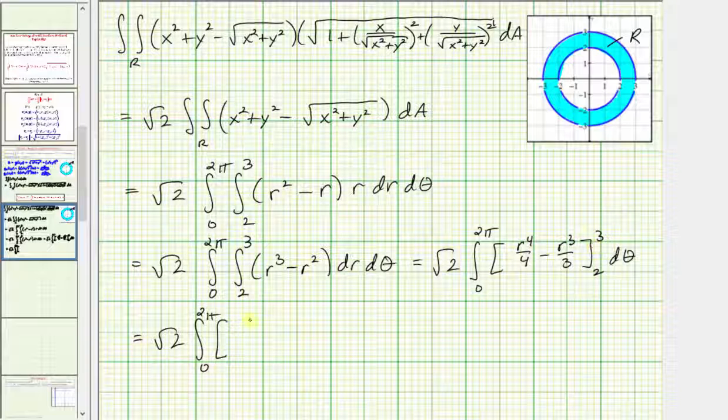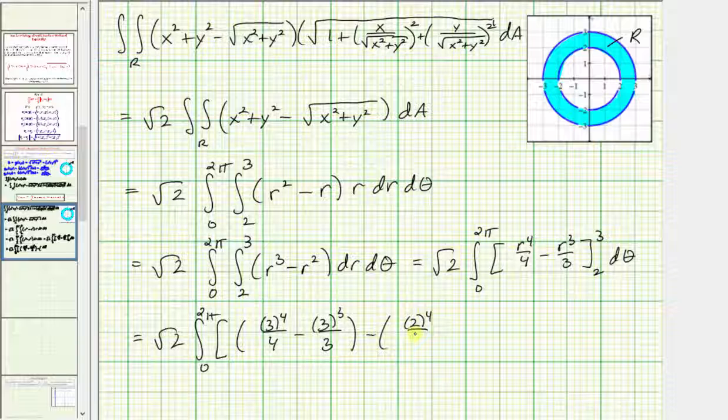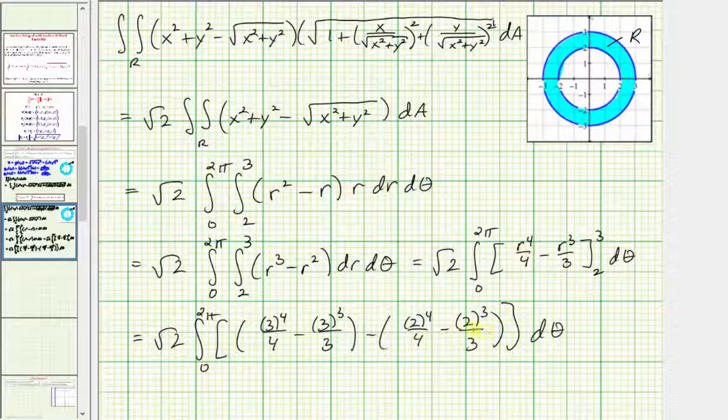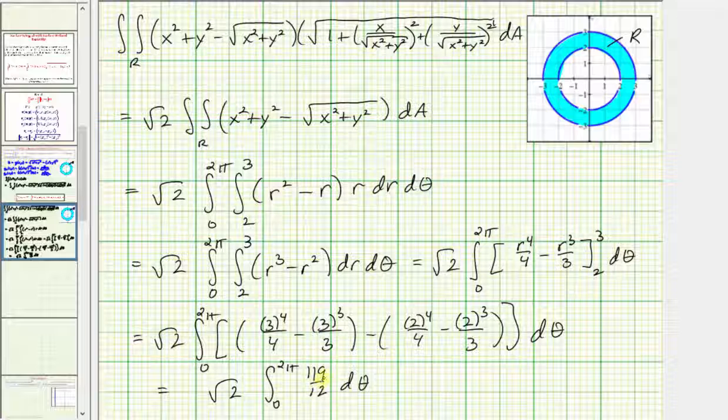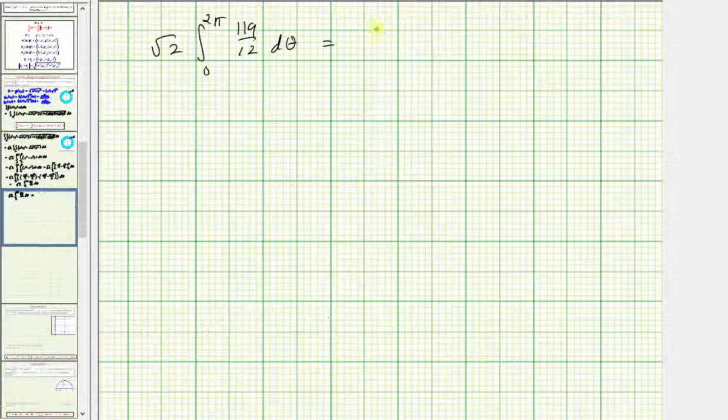And then when r equals 3, we have 3 to the fourth divided by 4 minus 3 to the third divided by 3, minus, when r is 2, we have 2 to the fourth divided by 4 minus 2 to the third divided by 3. To save some time, I've already evaluated this. It comes out to 119 twelfths. So we have the square root of 2 times the integral from 0 to 2 pi of 119 twelfths d theta. Let's go ahead and factor out the 119 twelfths and continue on the next slide.